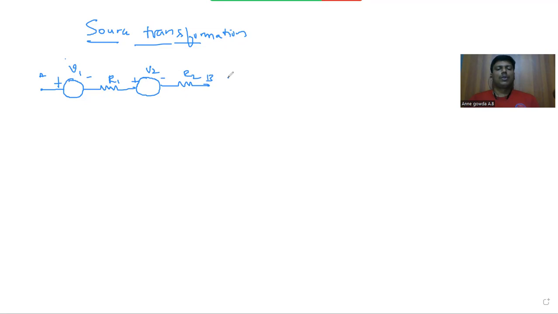If I want to replace these two voltage sources with a single voltage source, then as these two voltage sources are connected in series and are of same polarity, I can replace them with a single voltage source, that is V1 plus V2.